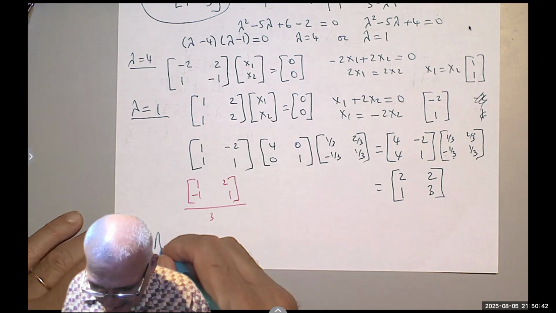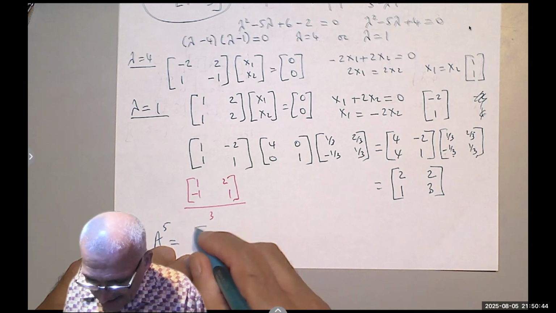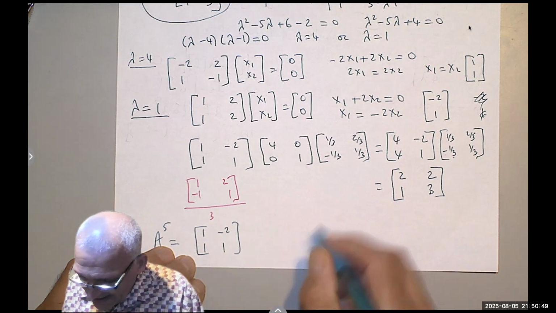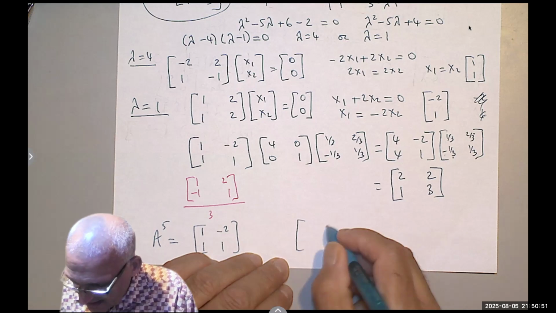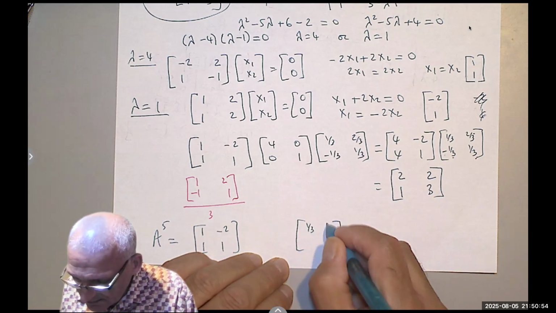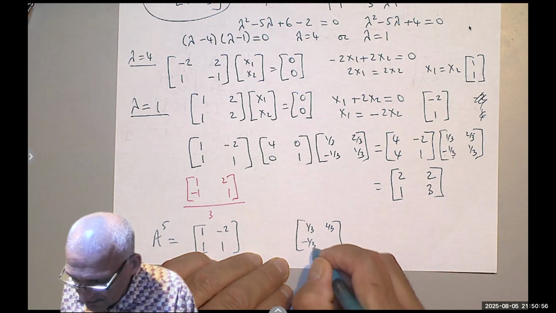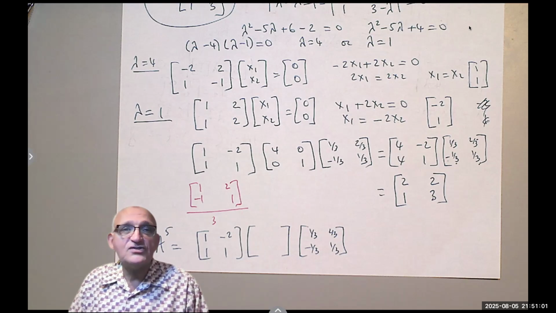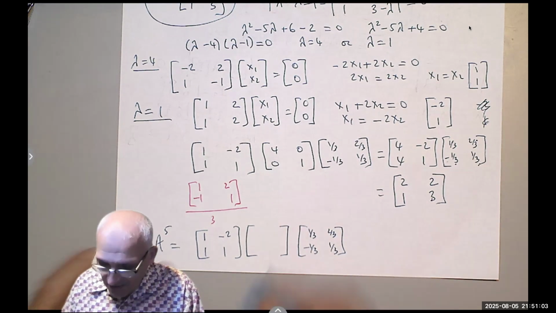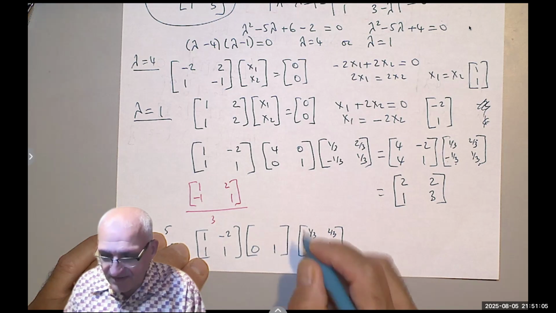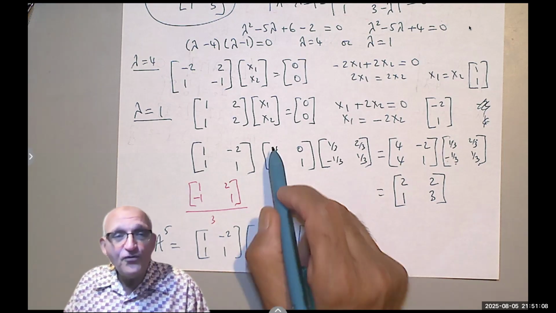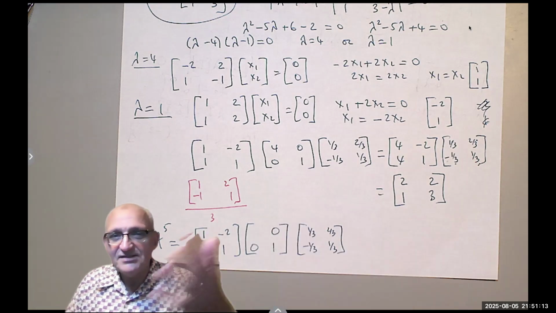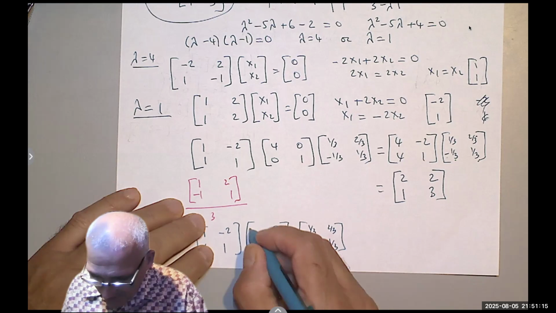I say a to the 5th equals: I leave the first matrix as it is, I leave the last matrix as it is, and I look at the eigenvalues and raise them to the power of 5. 0 stays 0, 1 to the 5th is 1, 0 stays 0, 4 to the 5th is 2 to the 10th, which if you've done any computing, you know it's 1024.